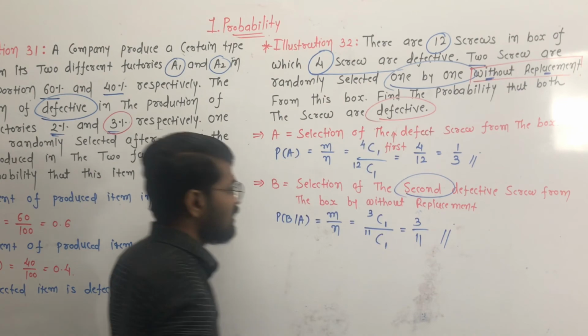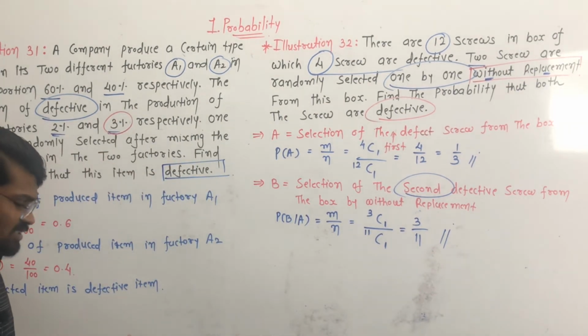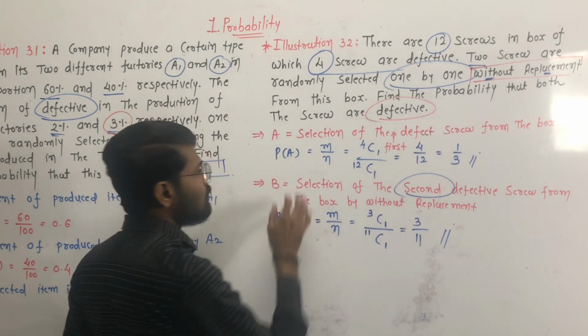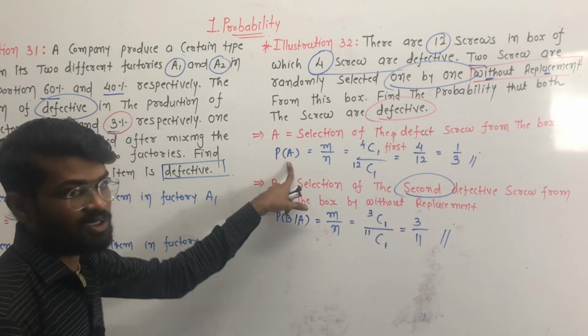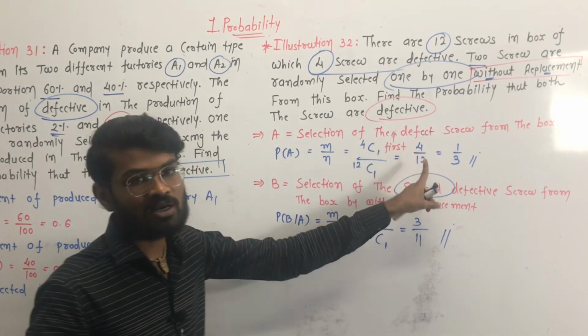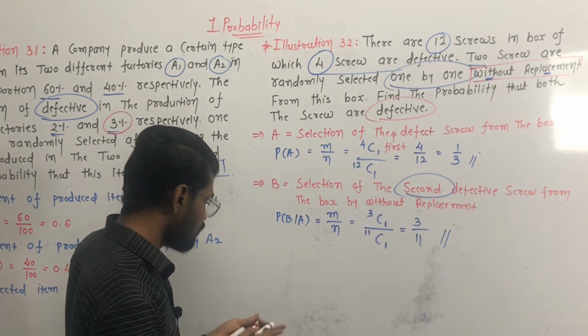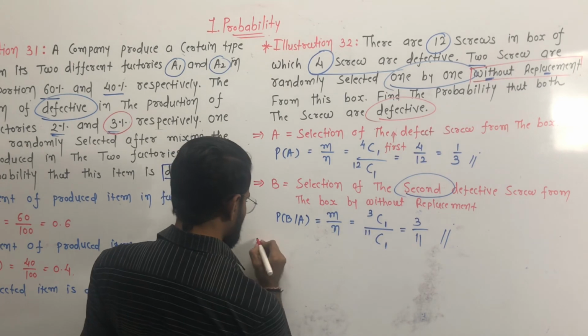Clear? Okay, but our task is to find the probability that both screws are defective. This is the probability of the first screw being defective, and this is the probability of the second screw being defective, but we have to find that both screws are defective.